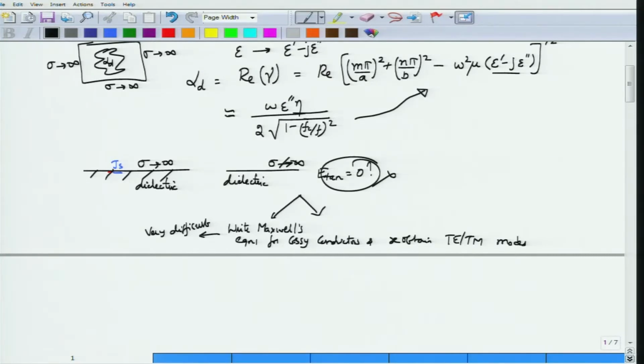The common sense approach would be that, well, sigma may not be infinity, but we are also not quite far from the skin depth operation. The electric fields that impinge from inside the waveguide onto the conductor wall, because of the lossiness, would start penetrating into the skin depth of the wall.